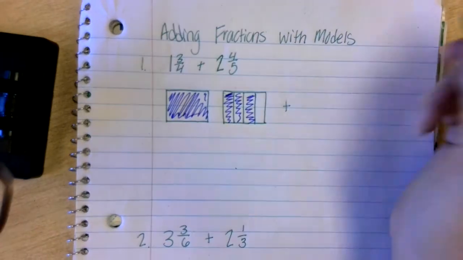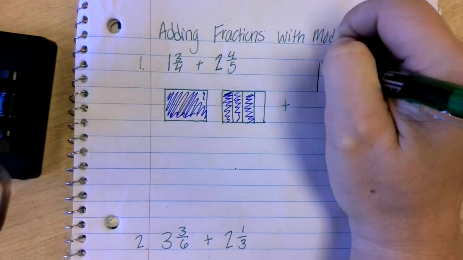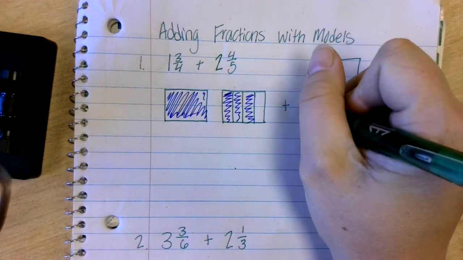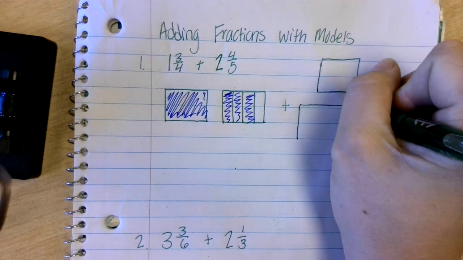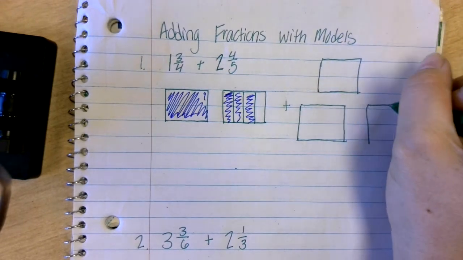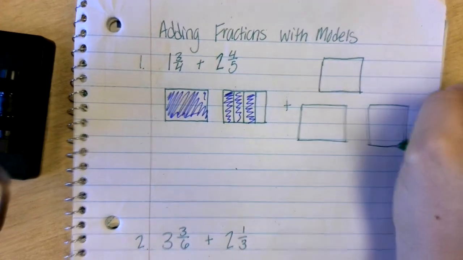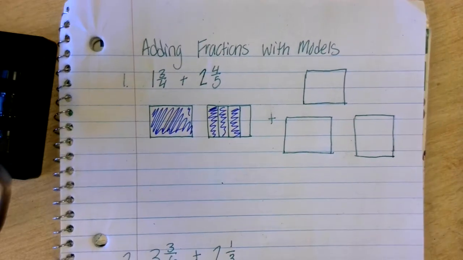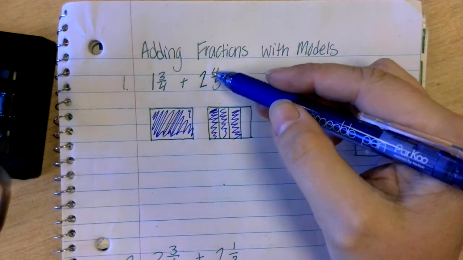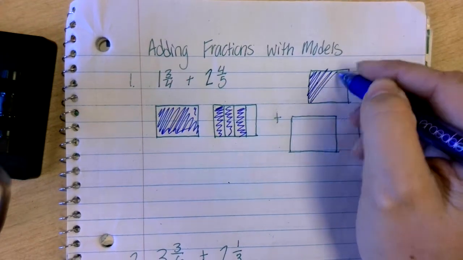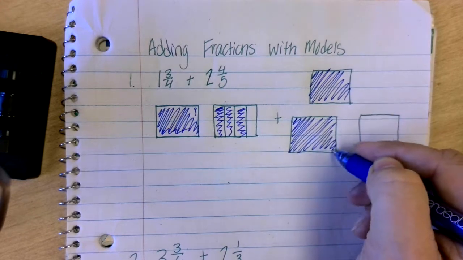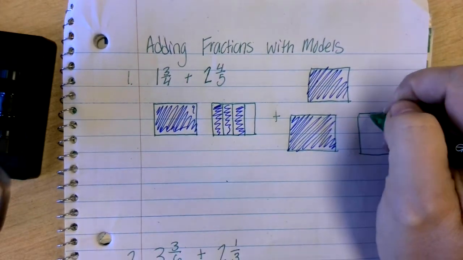So I'm going to draw 3 this time, 3 wholes. Okay. And so ideally these would all be the same size, but when you're drawing, you just have to do the best that you can. So I'm going to shade 2 wholes. Okay. And now I need to make this one into fifths.